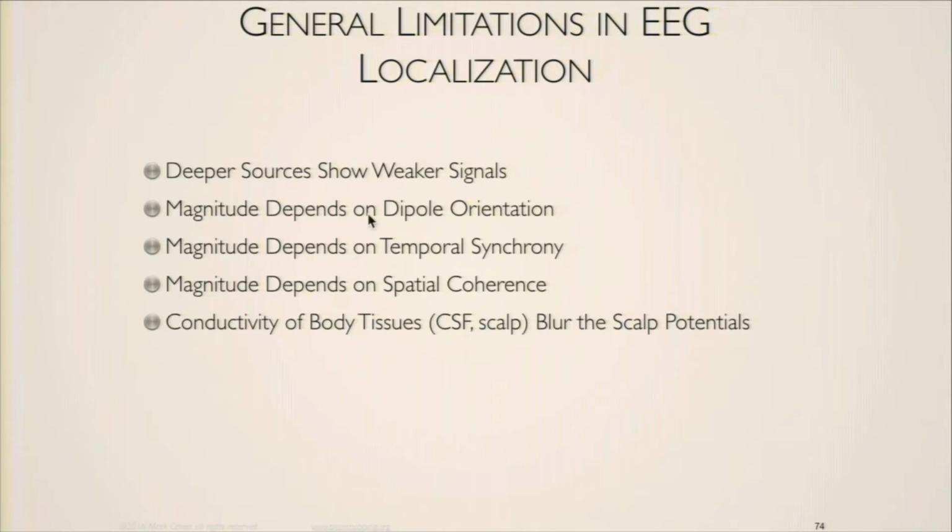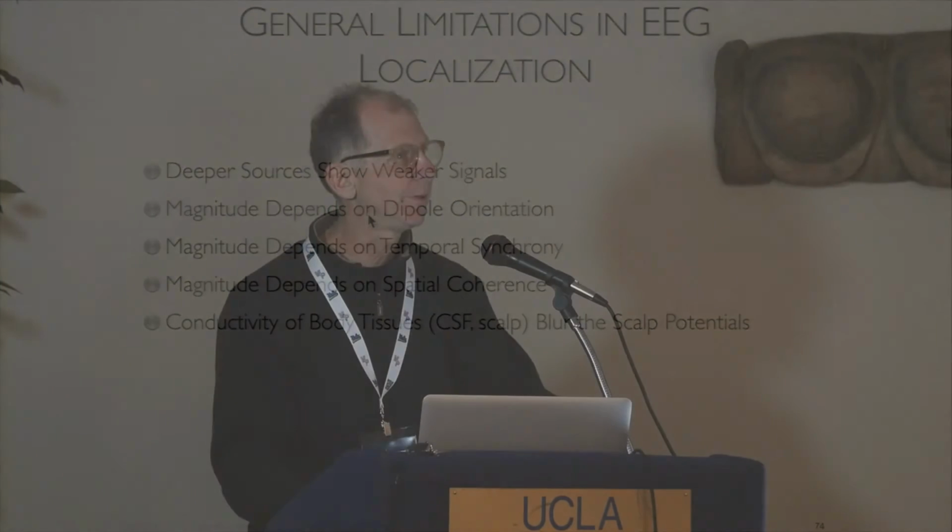The magnitude depends on the orientation of these electrical dipoles compared to the surface. The temporal synchrony is required. We can't detect a single neuron firing from here. The neurons have to be firing in the same sort of direction at each time. Nevertheless, you can pick up a macroscopic signal.